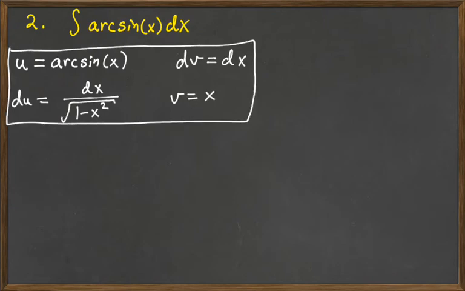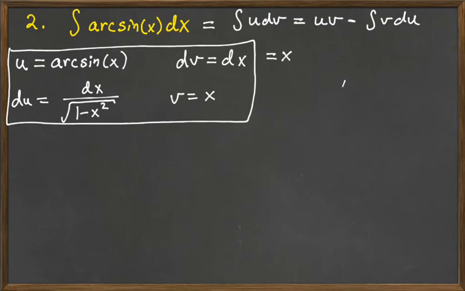So now the integral of arc sine can be written as u dv. So that fits the integration by parts, so that's going to be uv minus the integral of v du. All right, so uv is going to be arc sine of x times x.